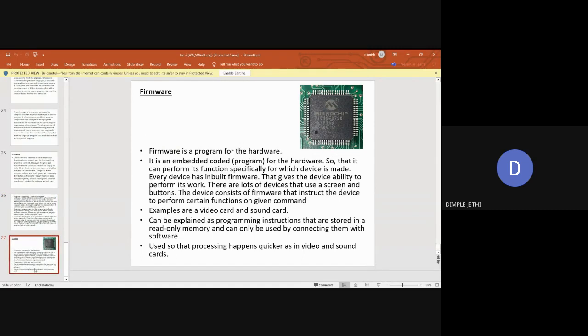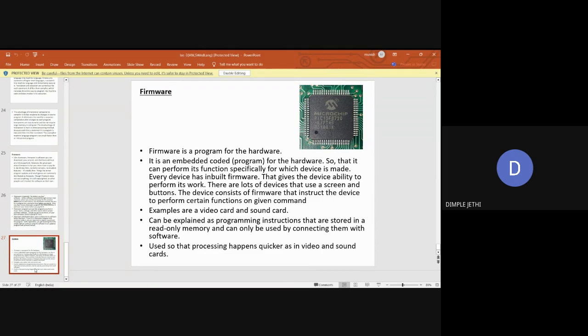Then what is firmware? Firmware means there is one software, there is one hardware. Now when your software is built into your hardware itself, like I was just talking about a microwave, a fully automatic machine, where you don't need to install software separately. What happened in your microwave?